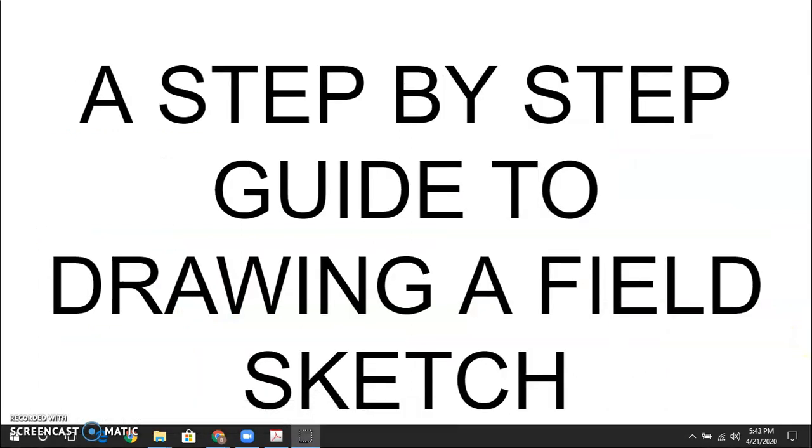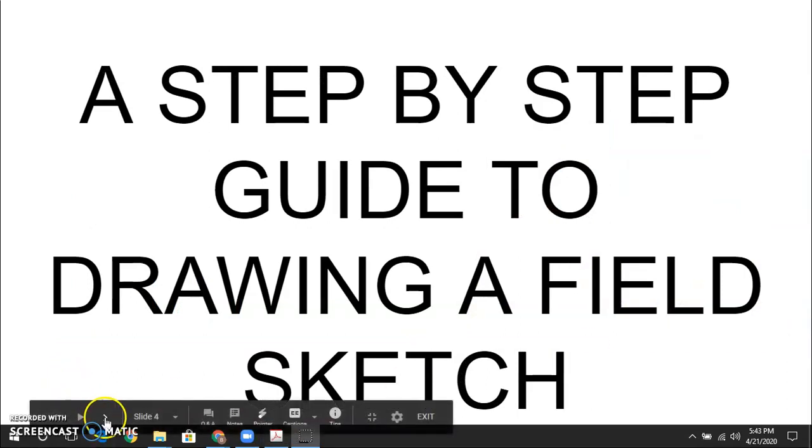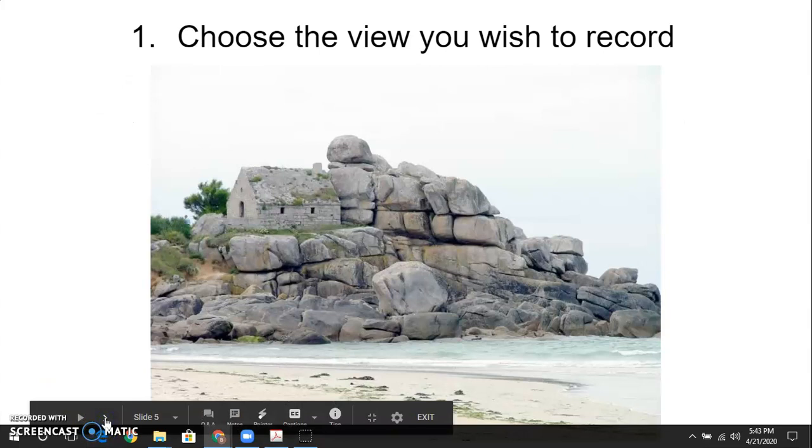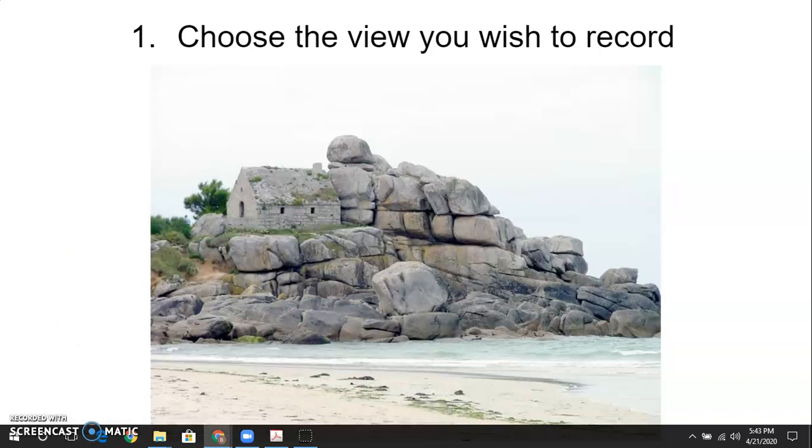So I'm going to give you a step-by-step guide to drawing a field sketch. So the first step is choose the view that you wish to record. Now, if you are out on field work and you identified something that you thought was important to sketch and annotate, you would have to find the most appropriate angle to sketch that particular landform or landscape so that you could identify all of the important details of what you were witnessing.